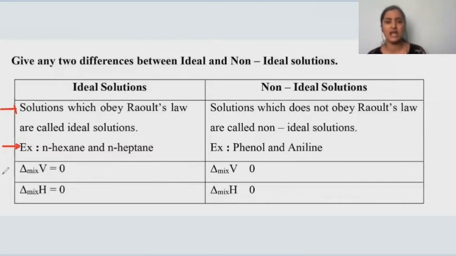And if you consider the other points under the ideal solution, the change in volume of mixing will be equal to 0. Here children, let me explain you by taking one example. Here I am going to consider two solutions. Here the solutions na consider martini.